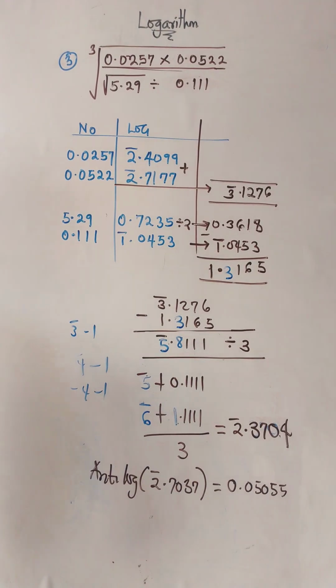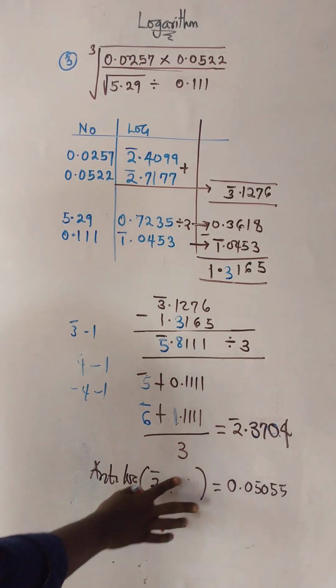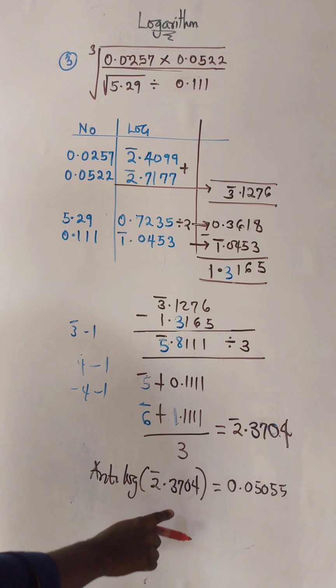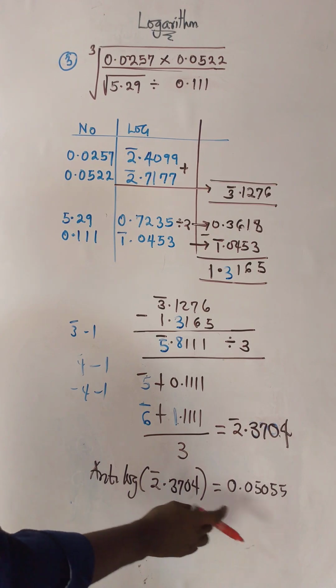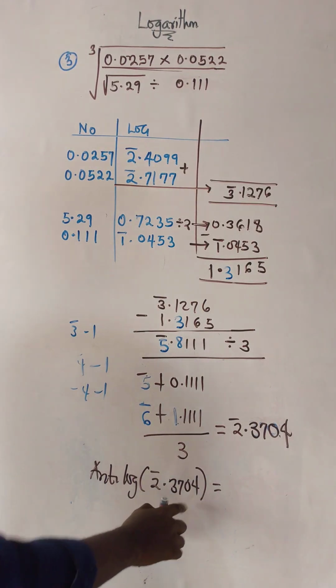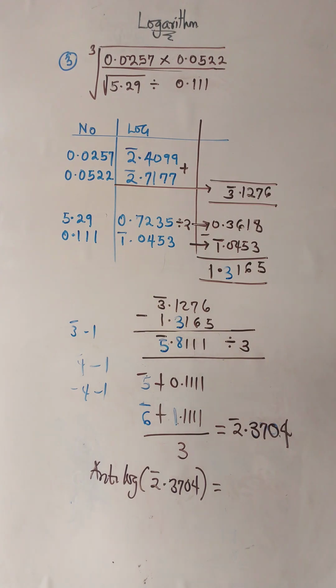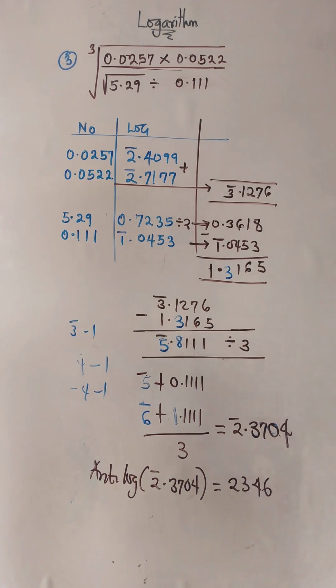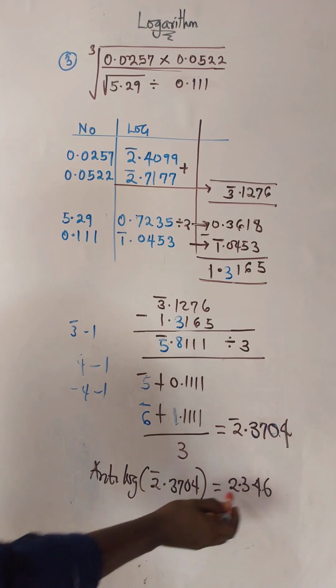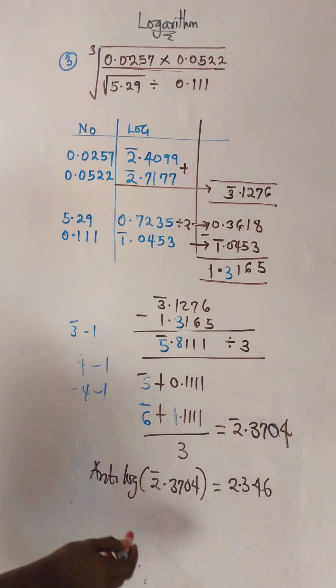So for the antilog, here is about 2.3704. You have to check 37 under 0, difference 4. By the time you check 37 under 0, difference 4, we are going to get 2346. The decimal point originally will be here. Then because of bar 2, we shift backward twice.